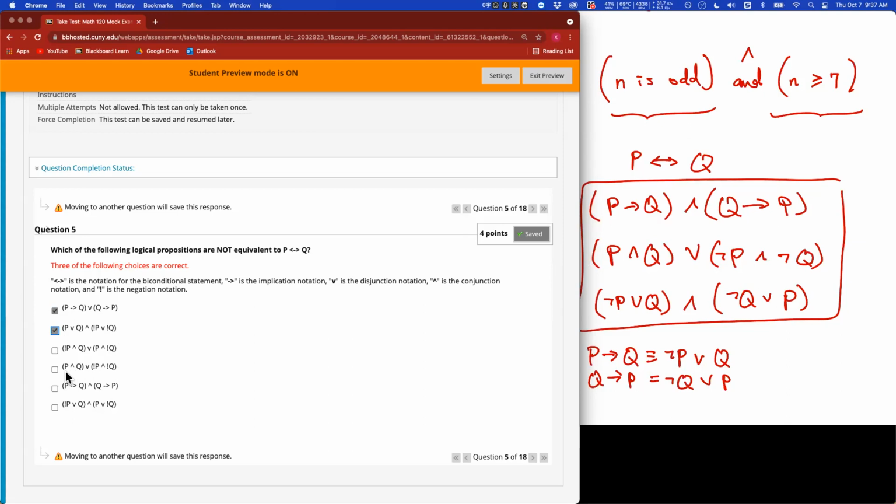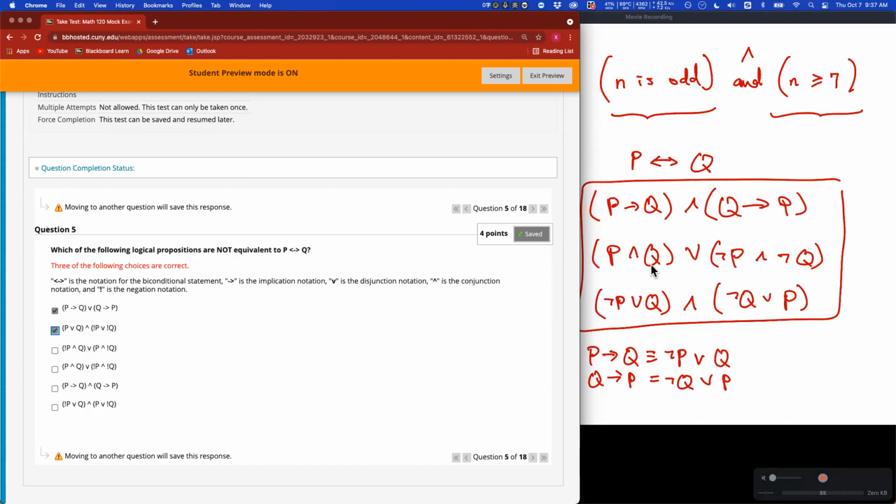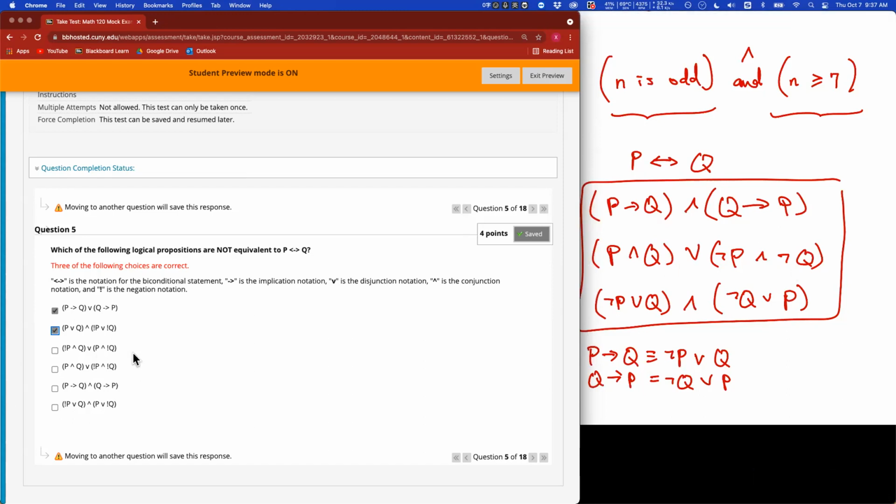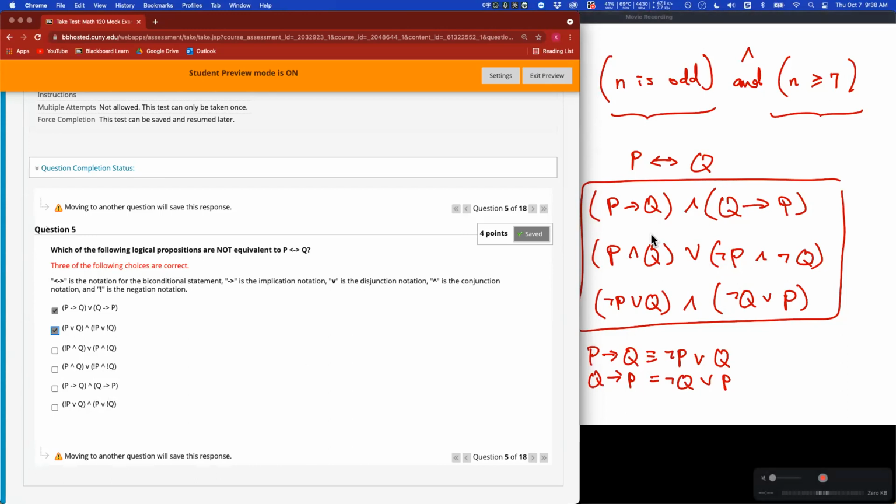And then you have P and Q or not P and not Q, and we know that's a true statement. So we know this one is true. And then we have P implies Q and Q implies P, and we know that's a true statement, so that's the first one.